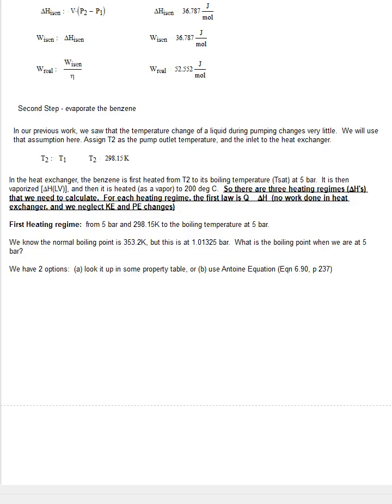Our Antoine equation is ln of Psat equals A minus B over Tsat plus C. Here I'm going to call Psat equal to P2, which is our 5 bar, which is 500 kilopascals.